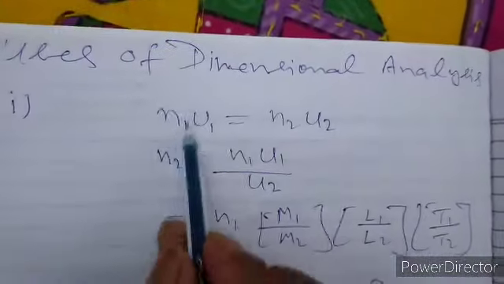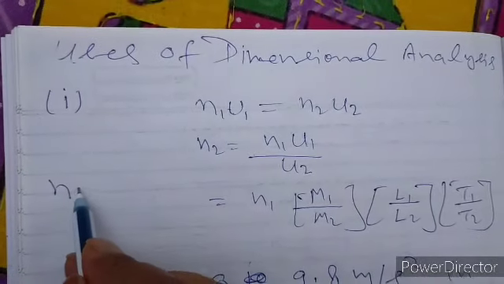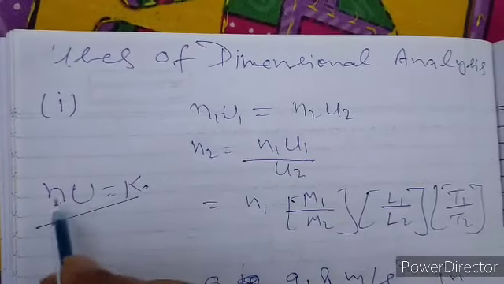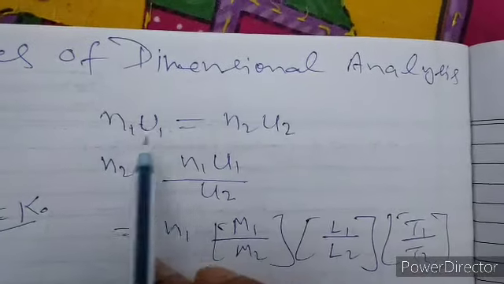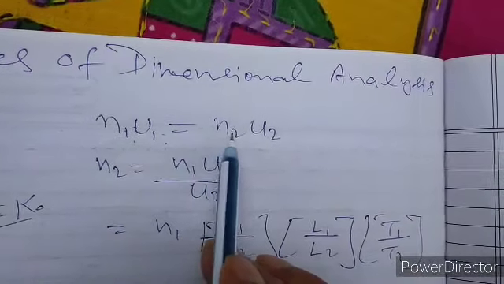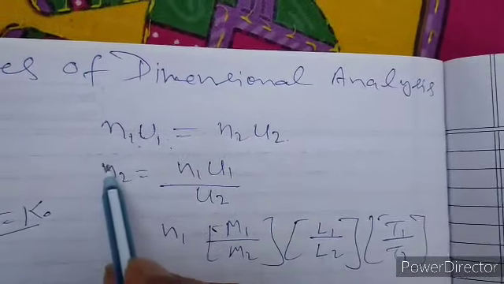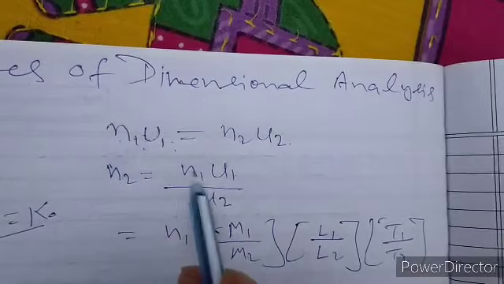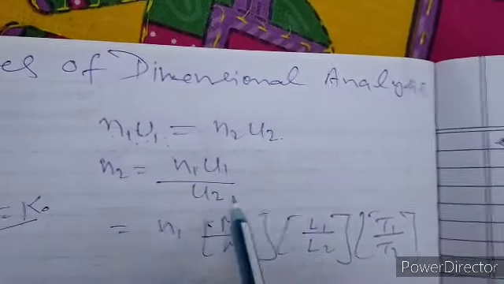The product of numerical value and unit is always constant. Then n1 u1 in one system is equal to n2 u2 in the other system. Then n2 is equal to n1 u1 upon u2.